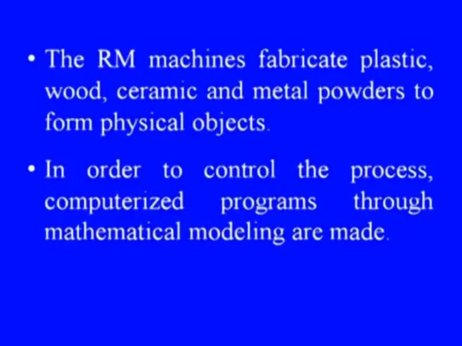It uses an additive approach by sequential delivery of energy and/or materials layer by layer. The rapid manufacturing machines fabricate plastic, wood, ceramics and metal powders to form physical objects. In order to control the process, computerized programs through mathematical modeling are made.